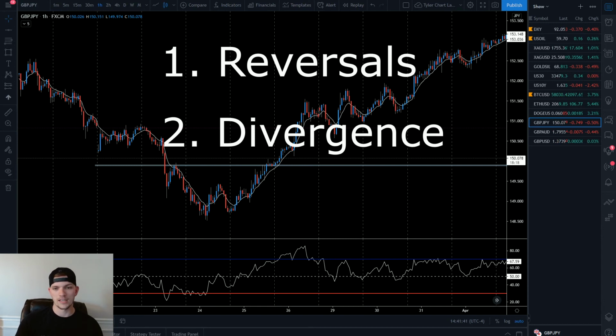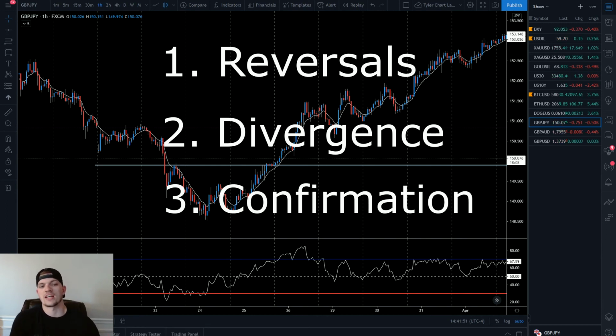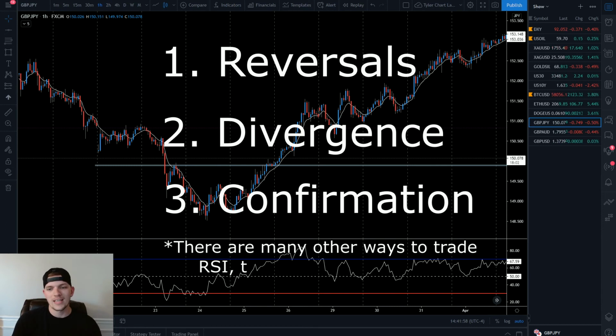If price is making a lower low but the RSI is making a higher low, you can try to find some divergence there and trade it that way. Or you can use it as a confirmation indicator of the strength of the current market condition. If the RSI is hanging above 50, going strong, maybe you're using it as a trend indicator. All right, we're bullish, let me look for a buy or something. Whatever it may be, there are a couple of different ways to trade it.